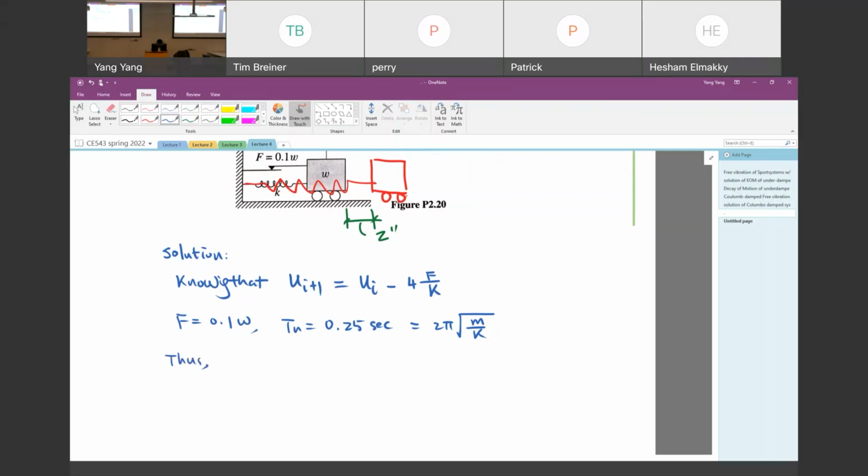We have this is equal to 4 pi squared m over T squared. This is a k value.